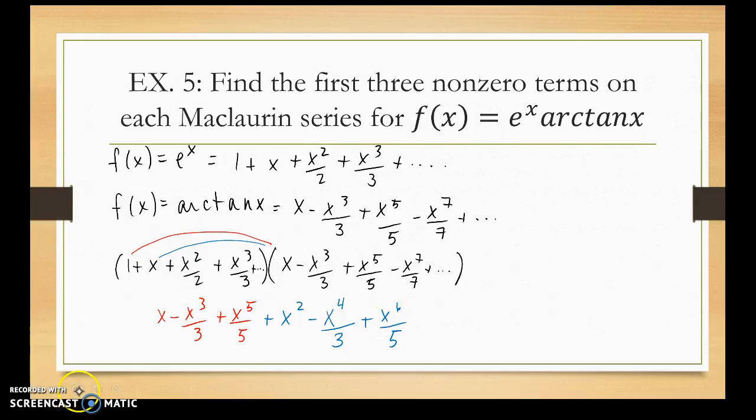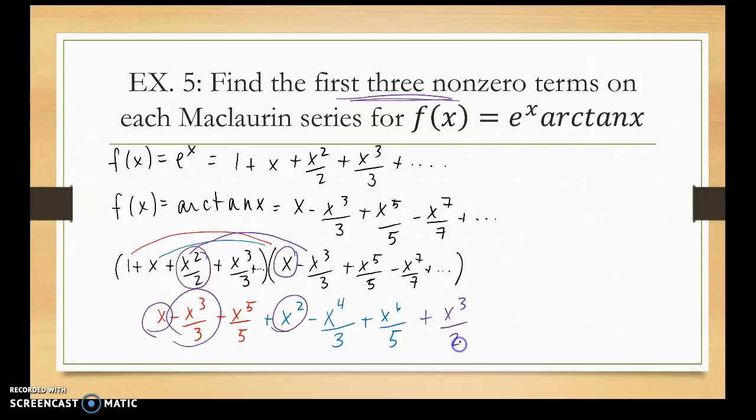Okay, so now remember what the goal is. The goal is to find the first three non-zero terms. So I have an x squared, and I have an x cubed. Now let me go one more multiplication, because when I take this x squared over 2 times x, it's going to give me a degree 3 when I find the product. So if I'm only looking for the first three non-zero terms, I don't need any of these.